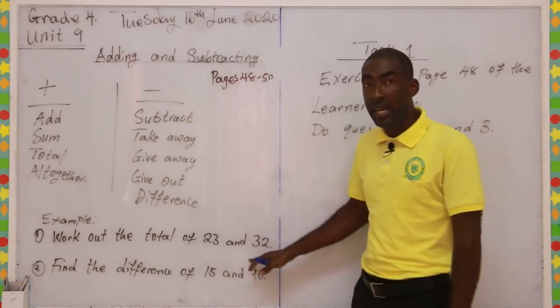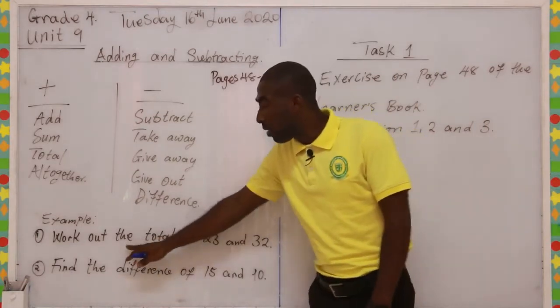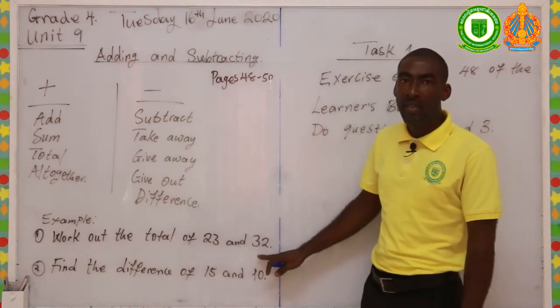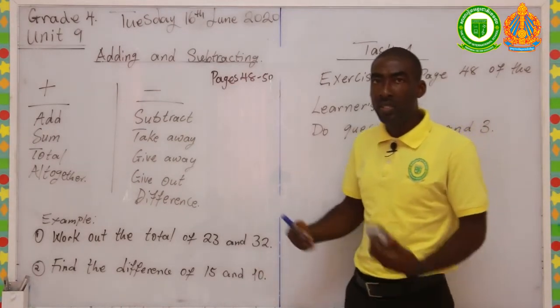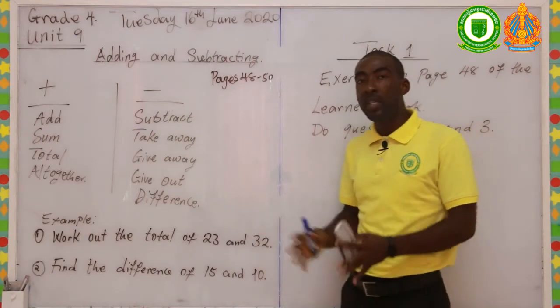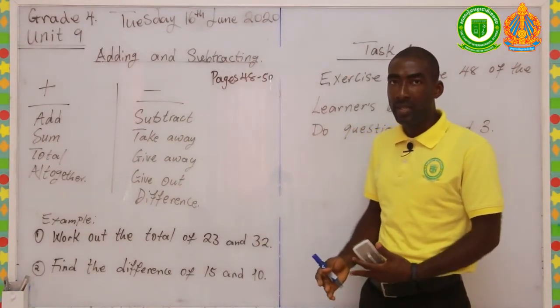That means we are adding up. We can put sum, say work out the sum of 23 and 32. It means we are adding to get a final answer.